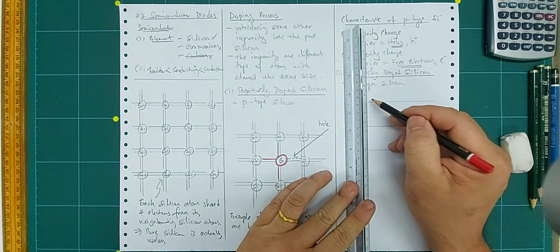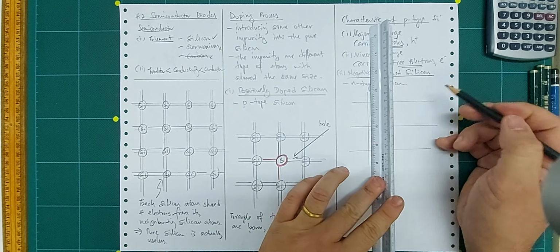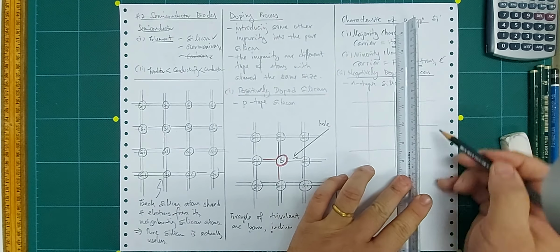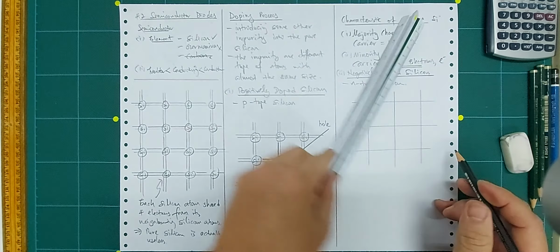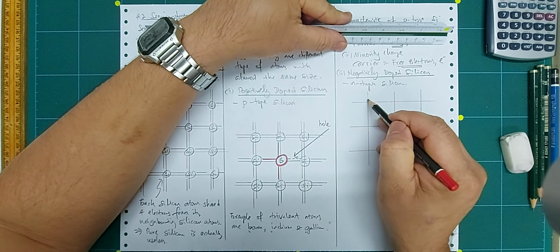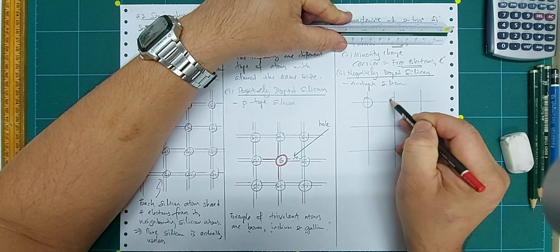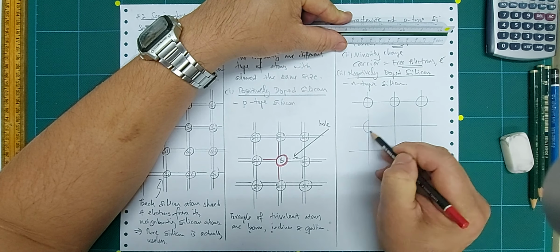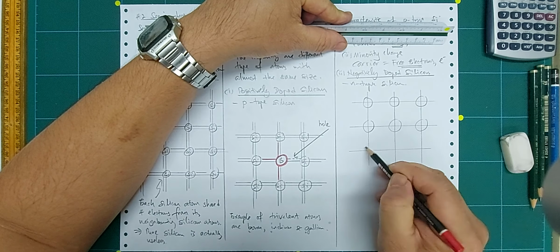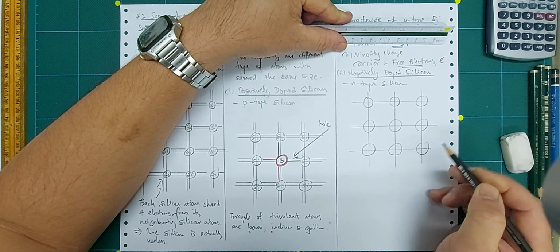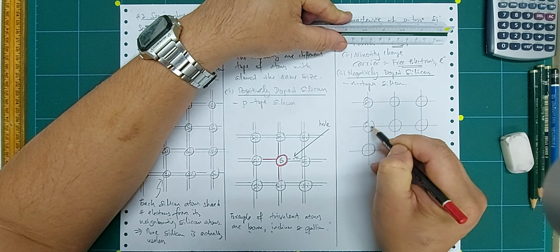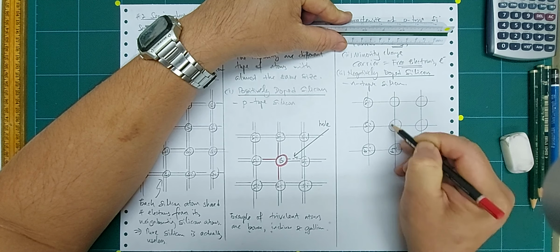So how do we do it in the first place? Just now you put a trivalent, right? Because you want to have less electron.